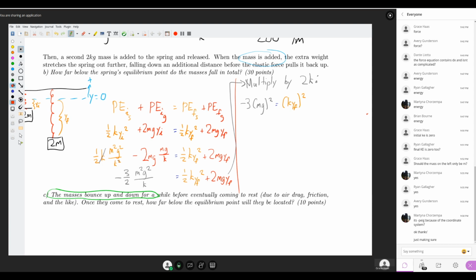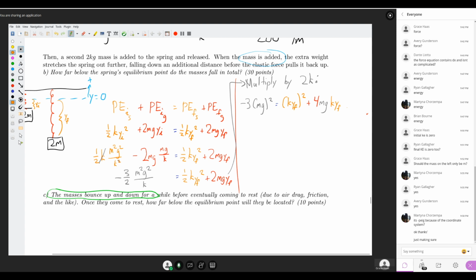And here I've multiplied by 2k, so plus 4 mg, let me do something suggestive with my colors, for mg k y final. So everybody agrees I can do that, right?